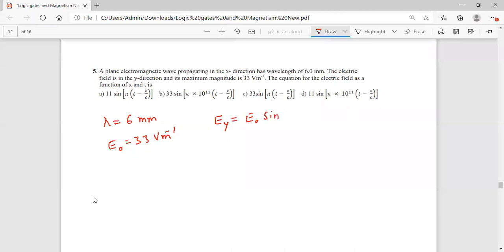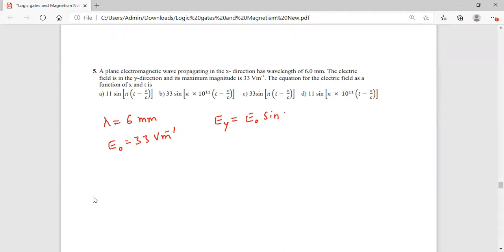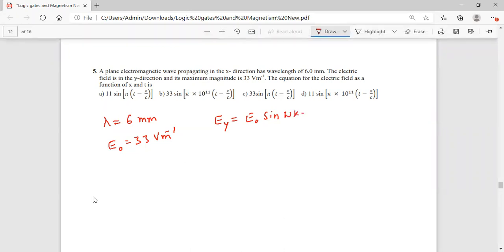E naught sine of omega t minus kx. This is the equation.